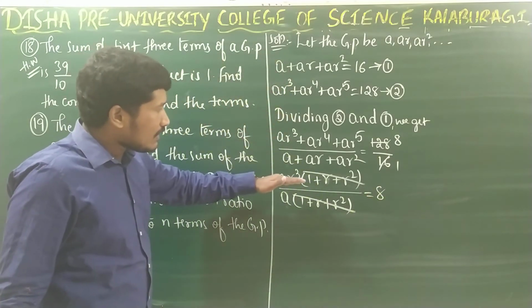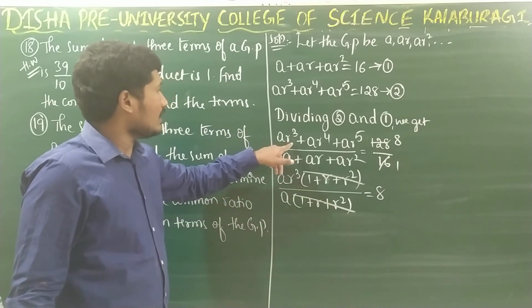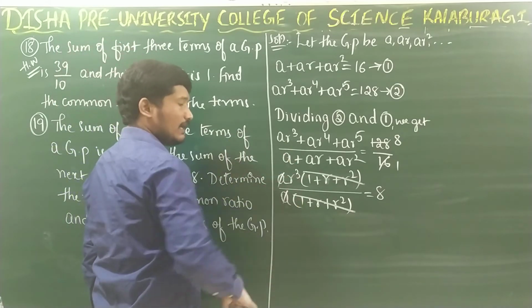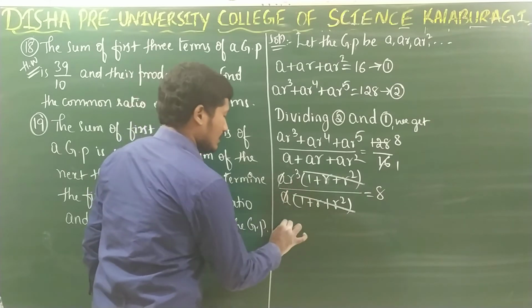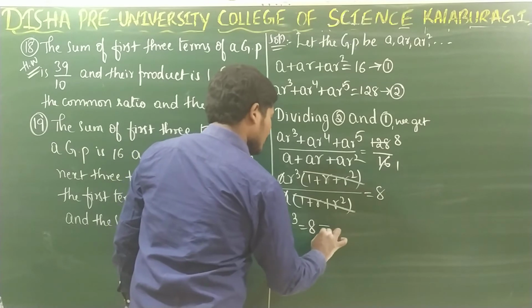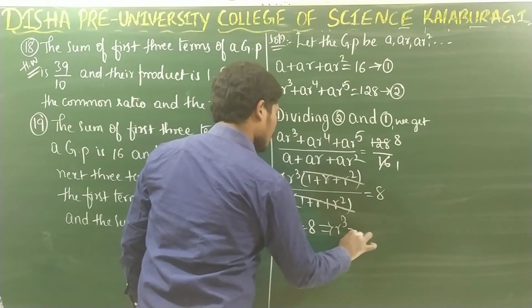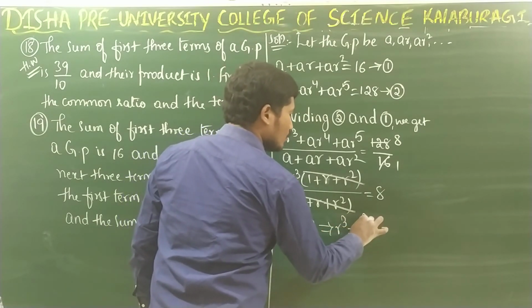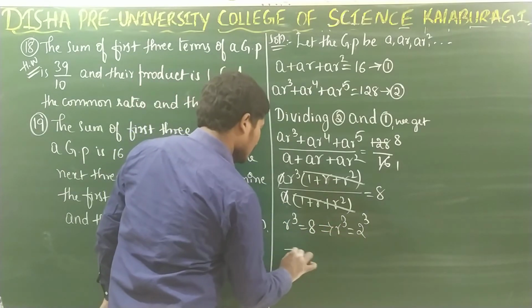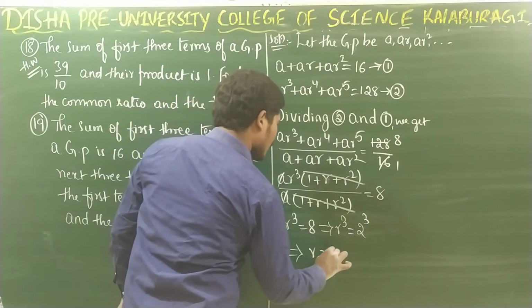To make our calculations simple, I have taken R cube also as common. A cancels, so I am left with R cube is equal to 8, which can be written as 2 cube. On comparing, the R value I get is 2.